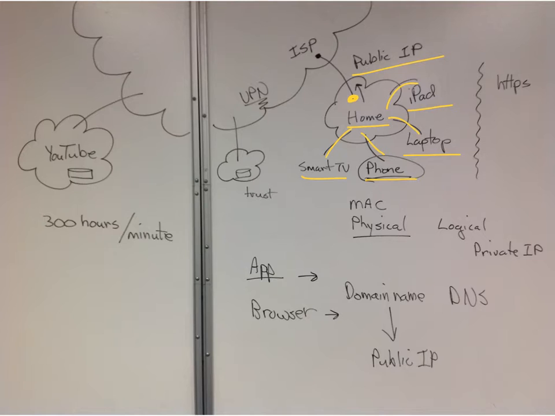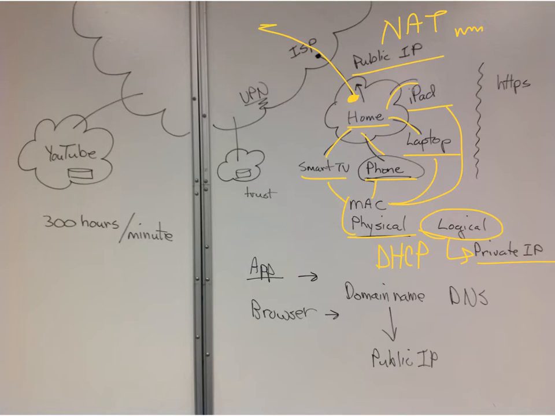Each device is identified with its media access control, its physical address, and then gets a logical address, a private IP, from DHCP. Then that's tied in with a public address using network address translation, and then they give it a port number, and then it traverses through the internet.